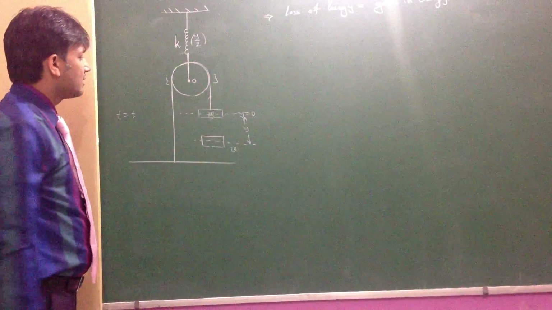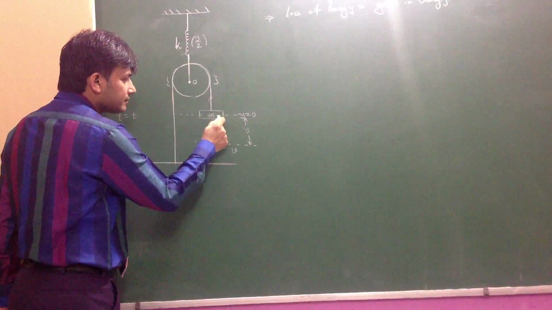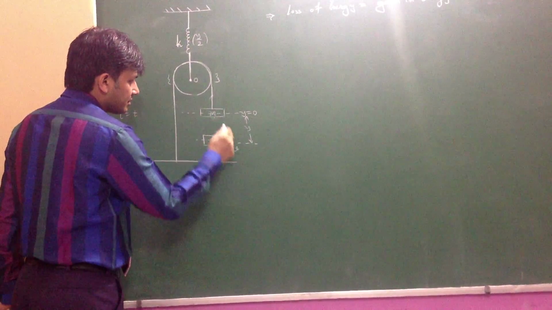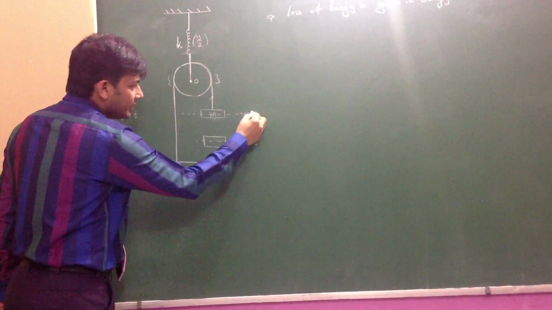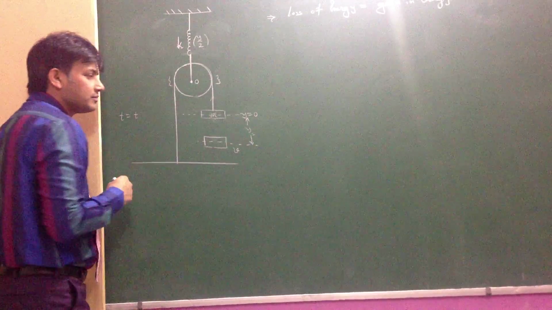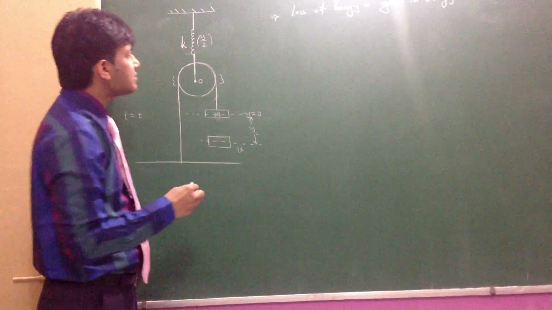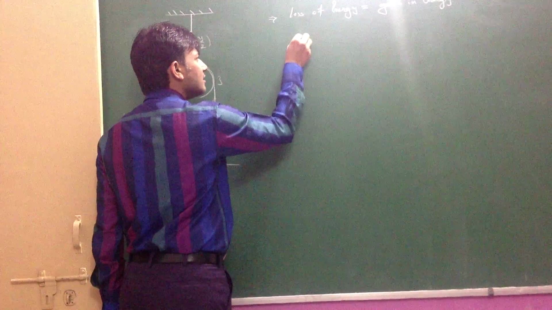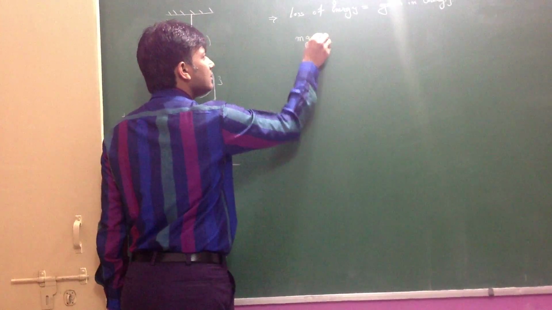What is the loss? Initially the mass was over here. At the end, at this instant, the mass has come over here. It came down by the distance y, so it is losing its gravitational potential energy by mgy.